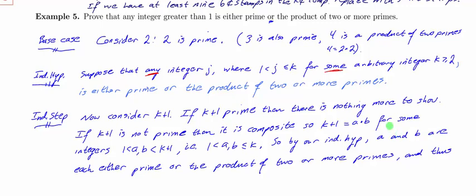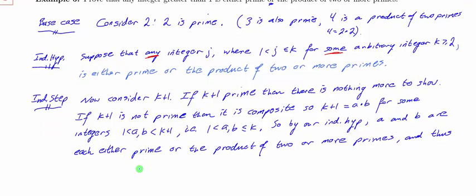And if either a or b is not prime and they have more primes in their decompositions, then k plus 1 would be the product of more than two primes. Either one is fine. So thus k plus 1 equals a times b is a product of two or more primes.